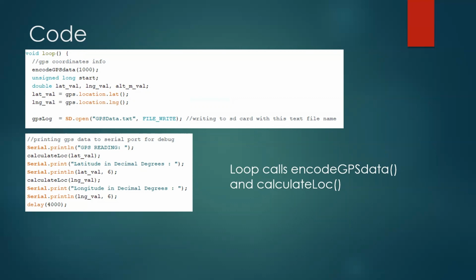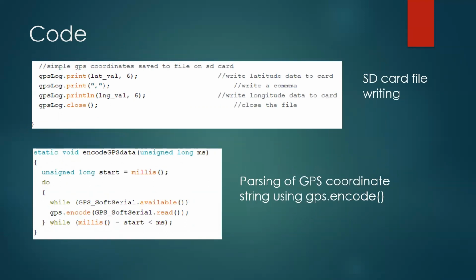So we write that file, and then we use the calculate location, which is used for converting the information that's parsed on the GPS coordinate string here that we can see in encode GPS data.